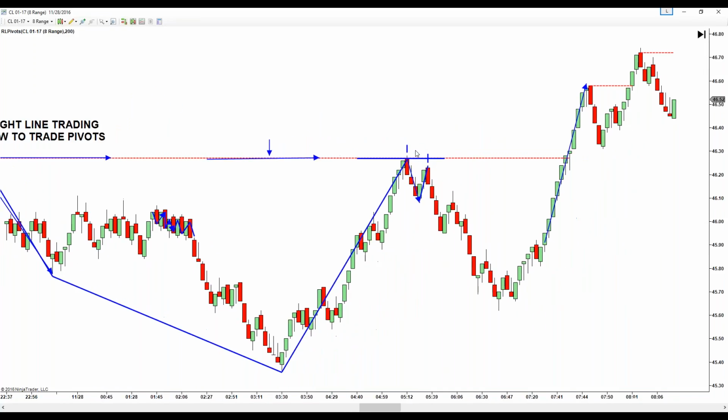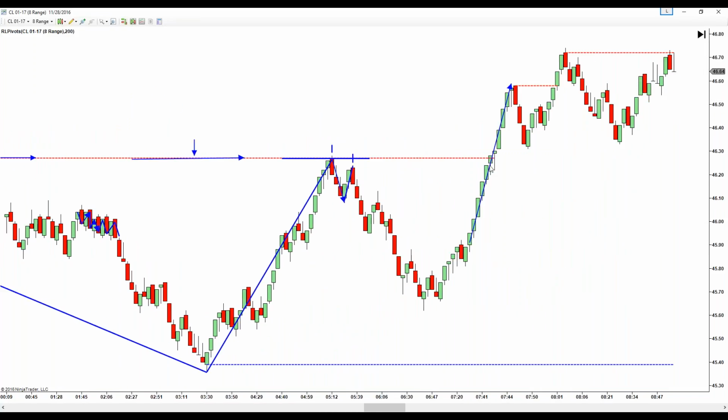Well, the answer is this. When a candle body penetrates the pivot with two-thirds of its candle body, that's when the pivot is considered broken.